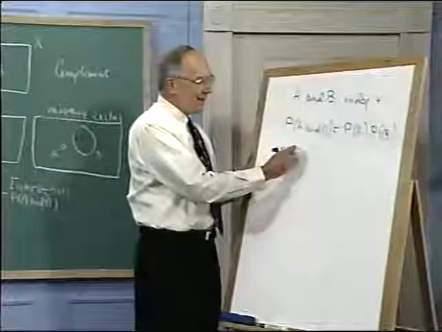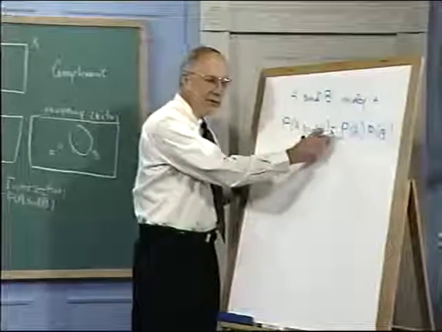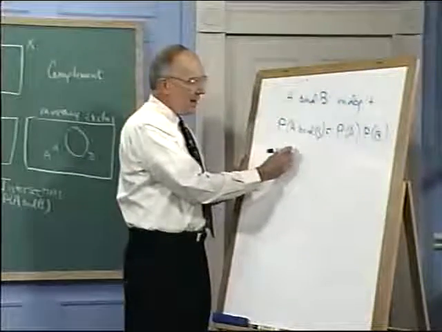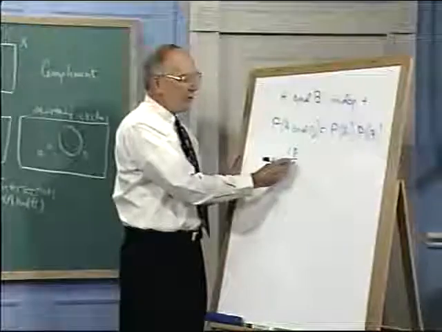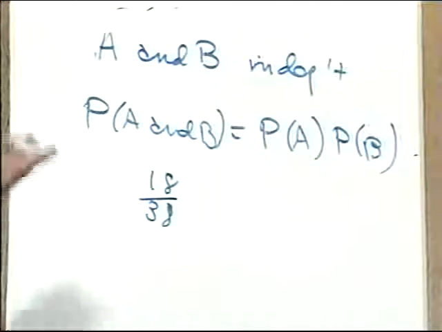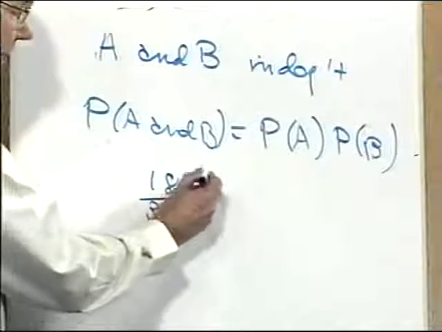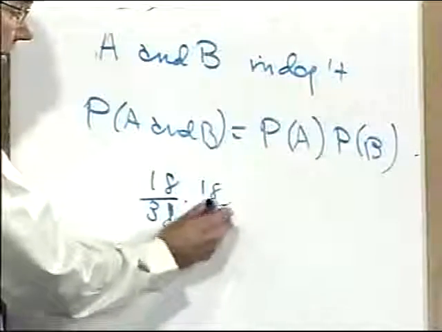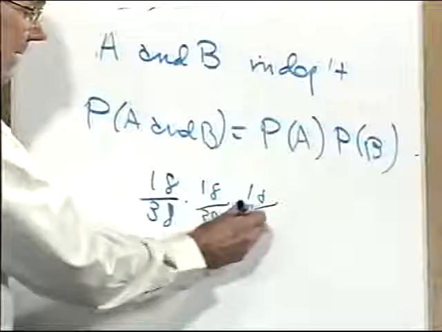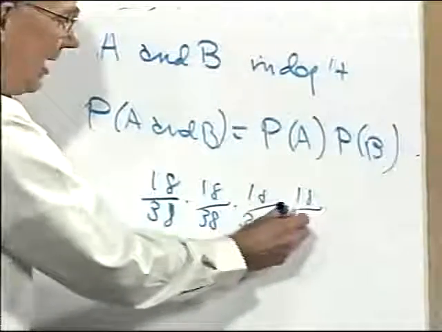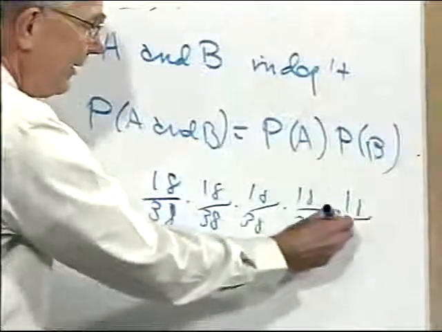is A and B and C and D and E, 18 38ths. There's 18 reds, 18 blacks, and 0 and double 0, times 18 38ths, times 18 38ths, times 18 38ths. Finally, one more.